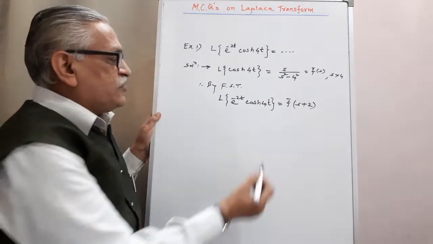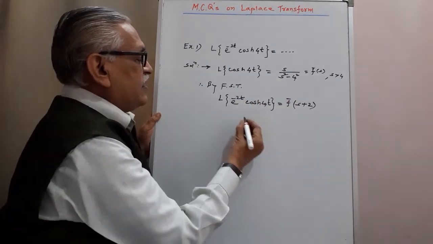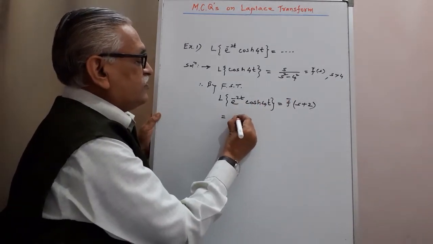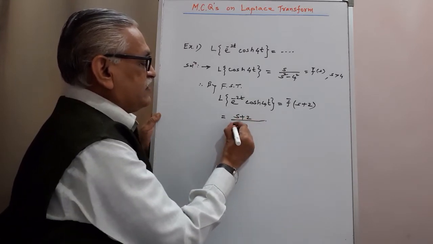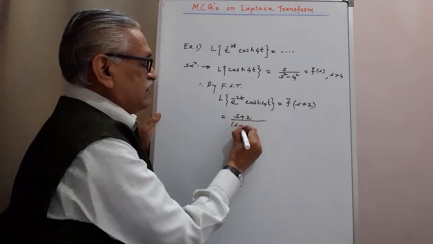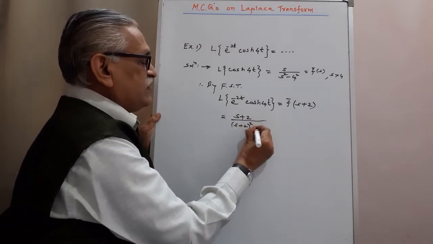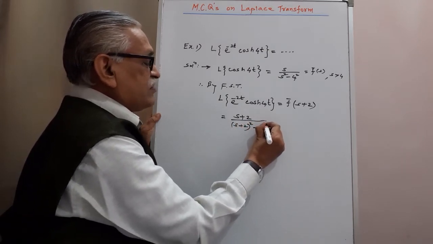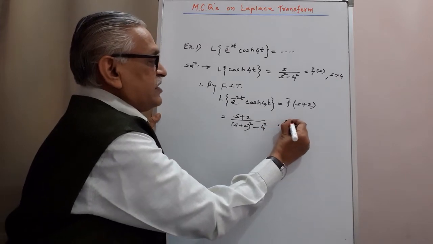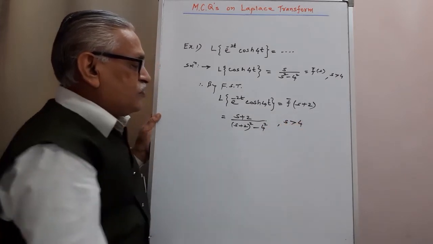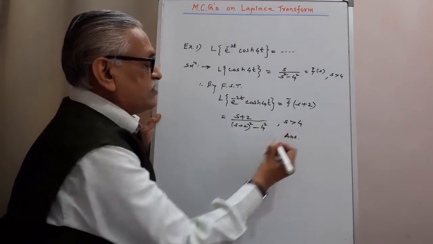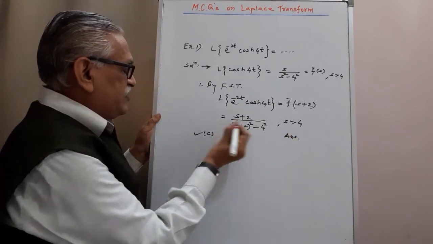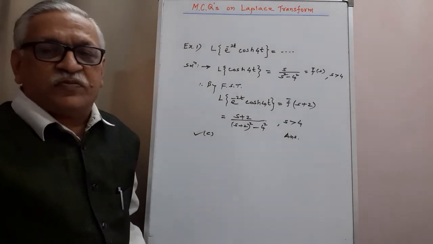Replacing s by s plus 2, we get s plus 2 divided by s plus 2 whole square minus 4 square, with the condition that s greater than 4. This is the required answer. Option C is the correct answer out of the 4.